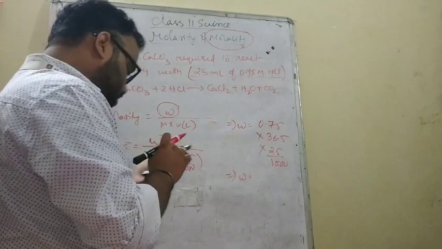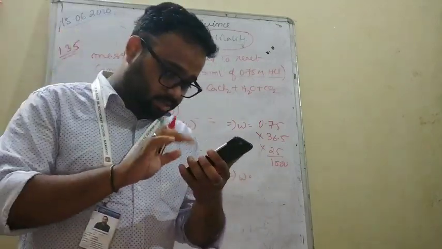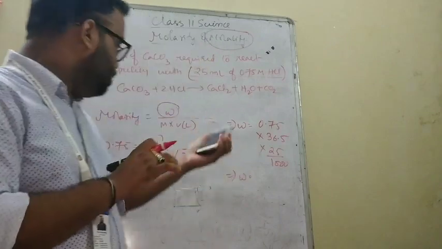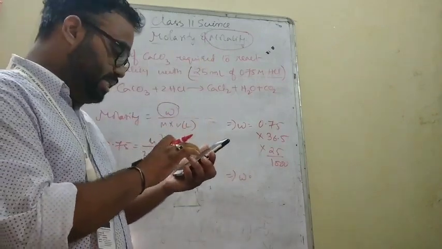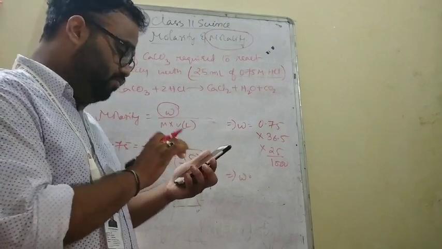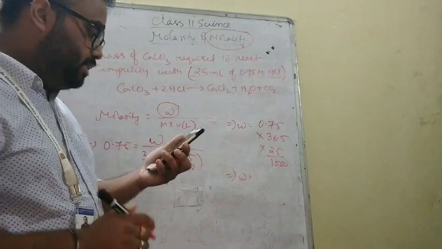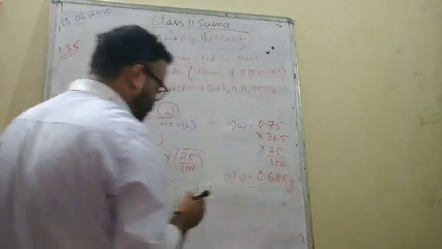So on the calculator, it is 0.75 into 36.5 into 0.025. The answer comes out to be 0.685 gram.